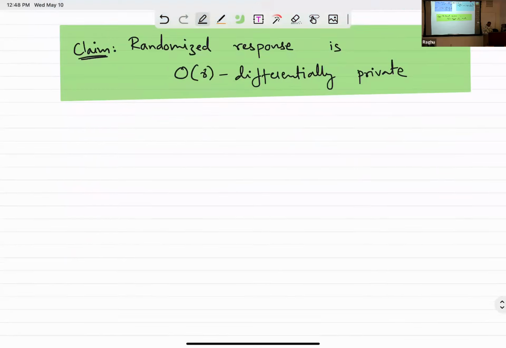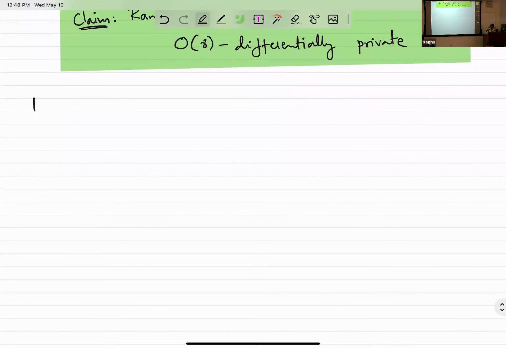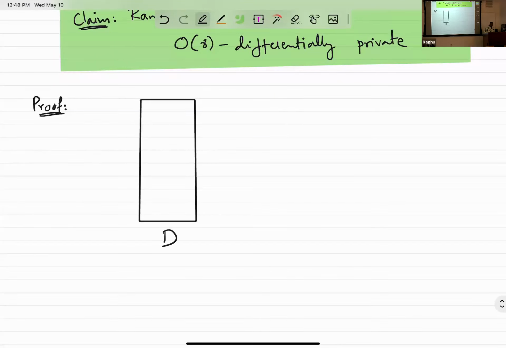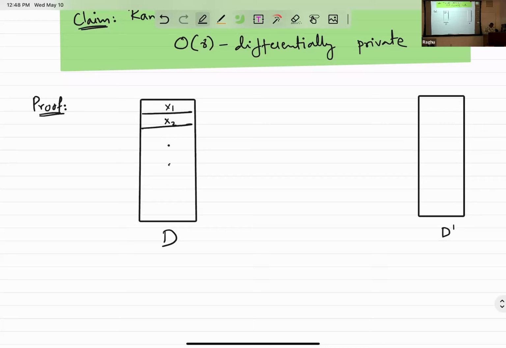Okay. And in fact, the proof is by comparison, right? So what do we want to do? You want to compare what's the chance. Now you have your original database D, and then you have your database D prime. This is your x1, x2, up to xn.